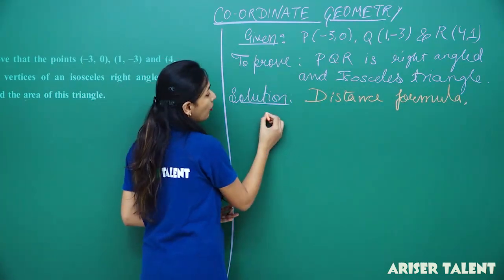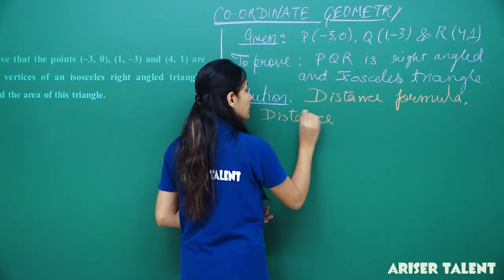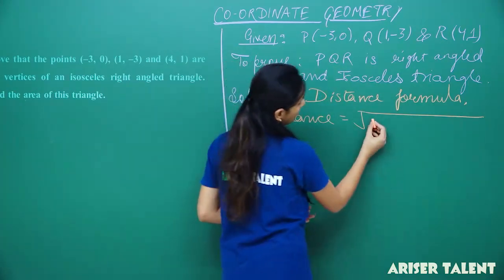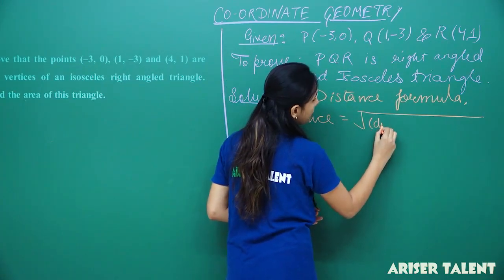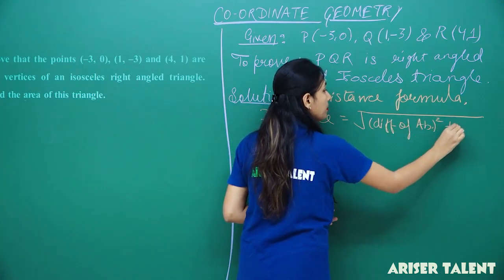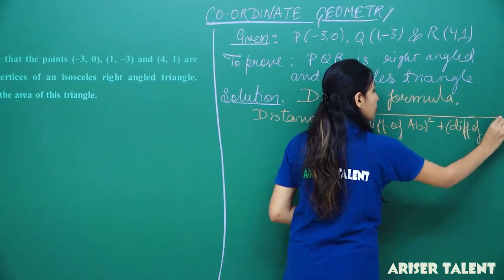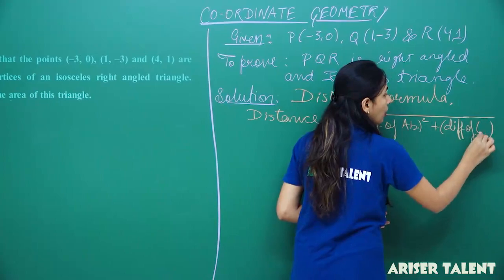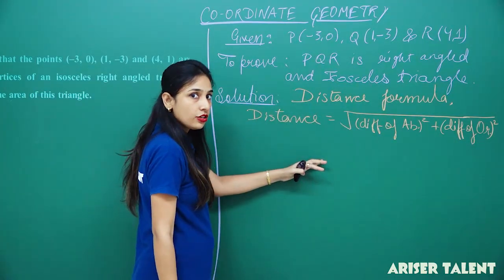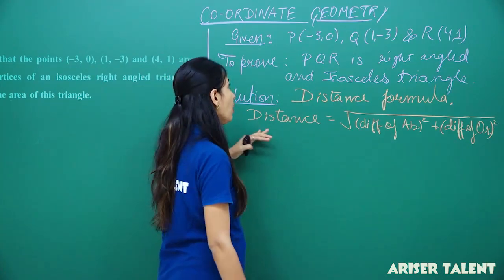Okay, so the distance formula is: distance equals the root of the square of the difference of abscissas plus the square of the difference of ordinates. This is the formula, right or wrong? Right. So we'll be working with this formula now.